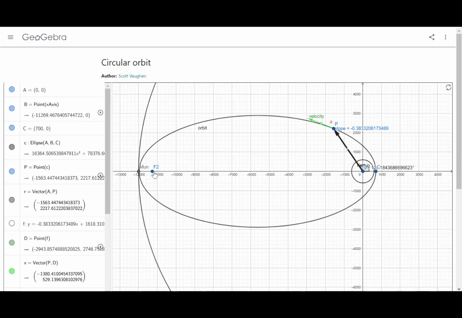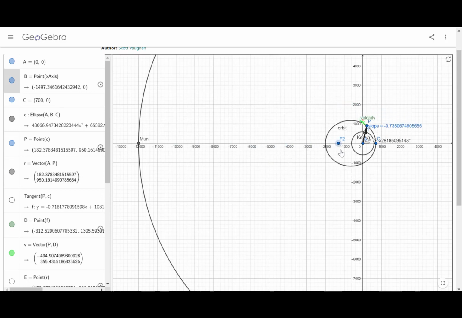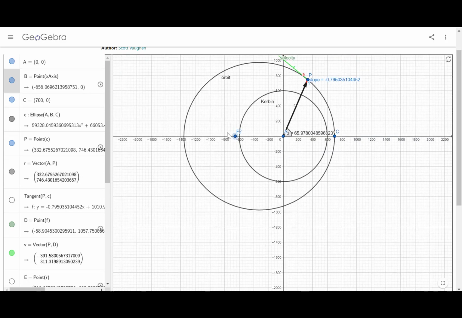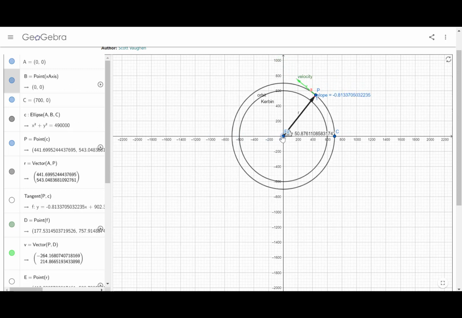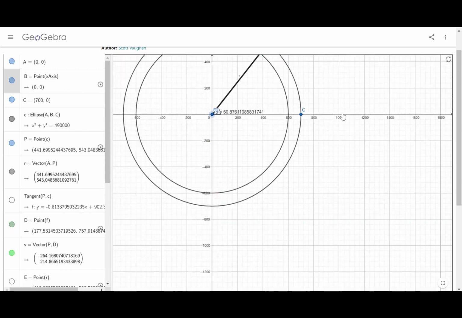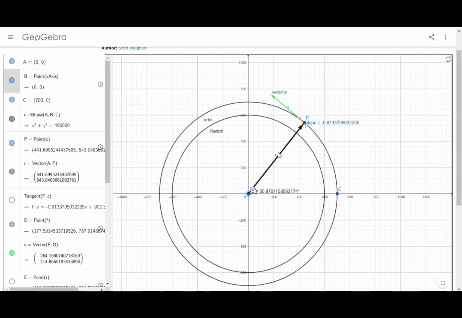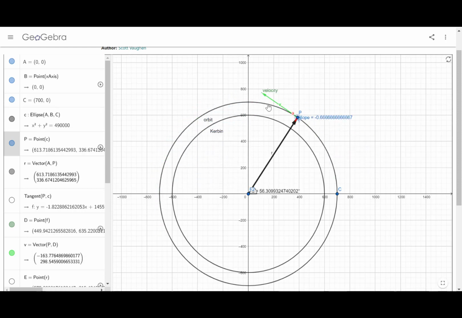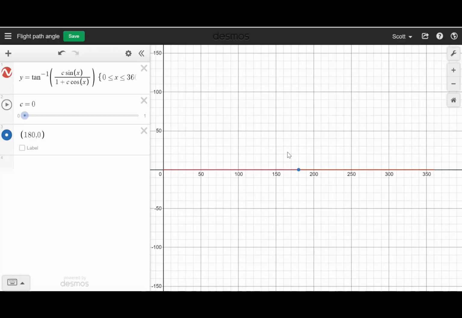So if I move back to a circular orbit here, put the two foci at the same point, I get a circular orbit. Now, the angle between the radial vector and the velocity is always 90 degrees, but the angle between the horizon and the velocity is always 0 degrees. So there's always a 0-degree pitch if you're in a circular orbit. So that's what we're seeing there.